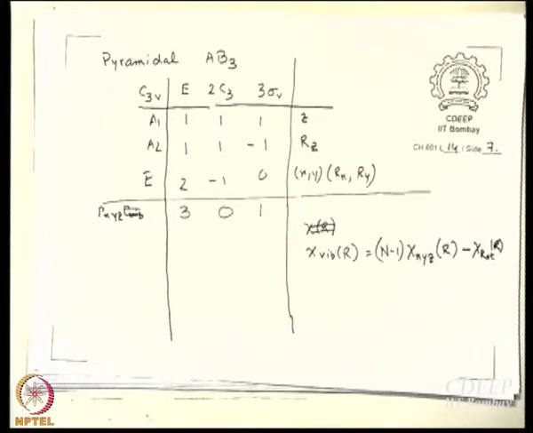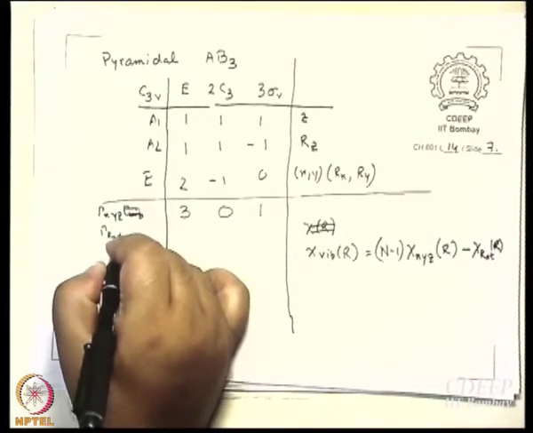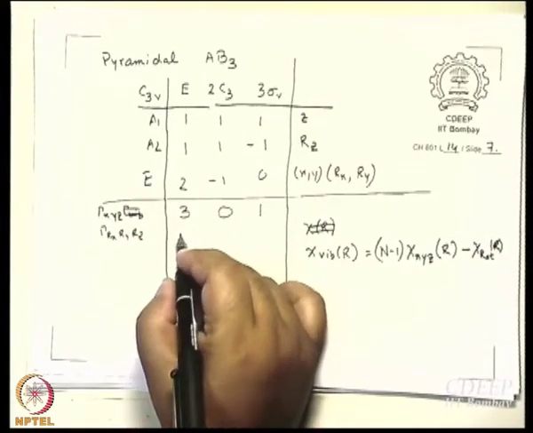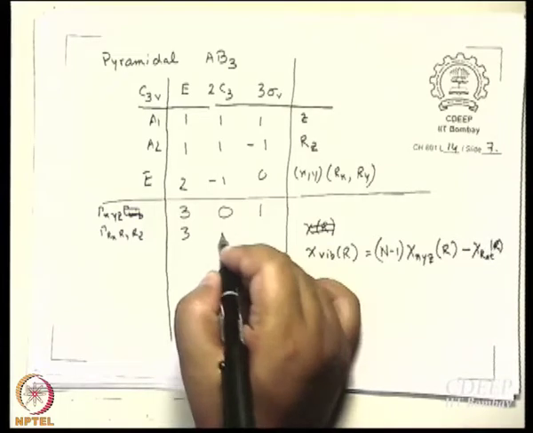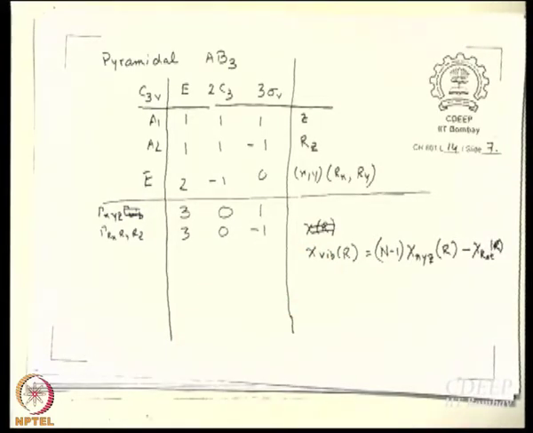Did you understand or not? Understood, right? Okay, gamma xyz. Next, I'll write gamma Rx Ry Rz. What is that? 3, 0, minus 1. I am adding E with A2, isn't it?